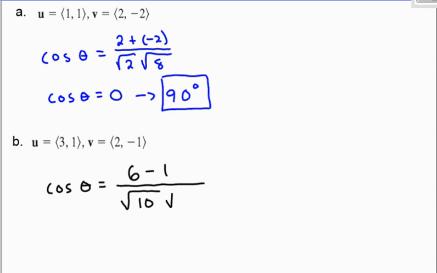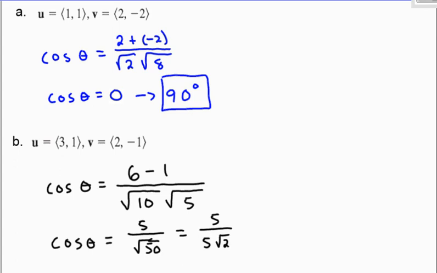Then times the magnitude of this vector, which would be 2 squared plus 1 squared, it would be 5. So cosine of theta is going to equal 5 over the square root of 50, which, since 50 is 25 times 2, is 5 square root of 2.